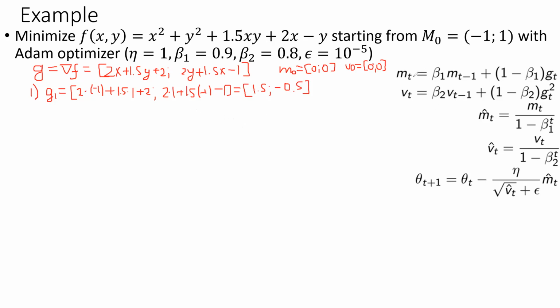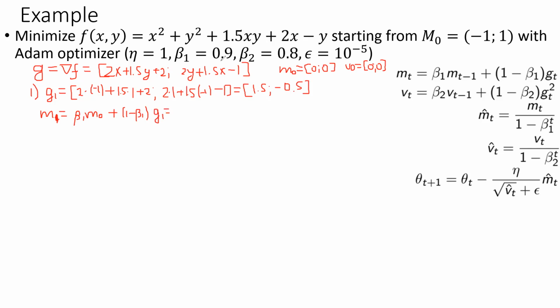Now it's time to calculate mt and vt, our moments. So this is m1, beta 1 multiplied by m0 plus 1 minus beta 1 multiplied by g1.